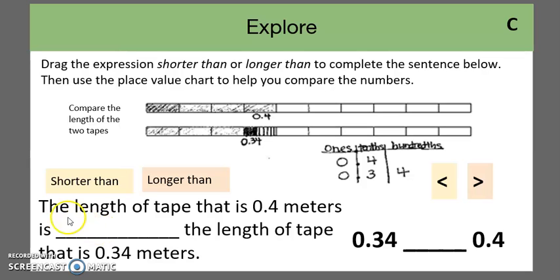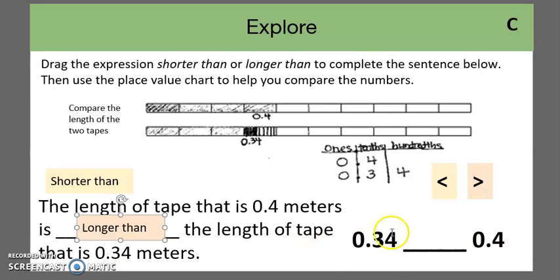So hopefully you have worked through the problem and seen which one would make sense. We can see that the length of tape that is 0 and 4/10 meters is longer than the length of tape that is 0 and 34 hundredths of a meter.